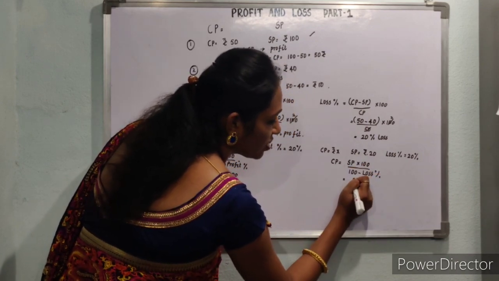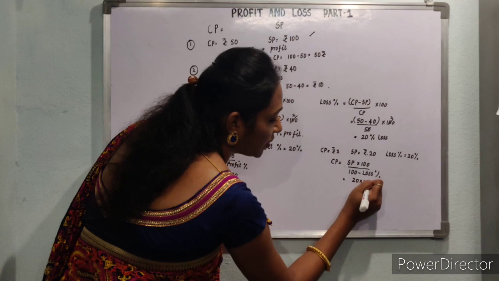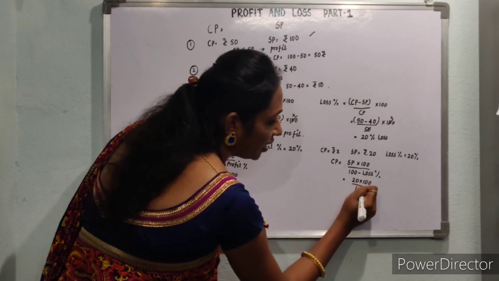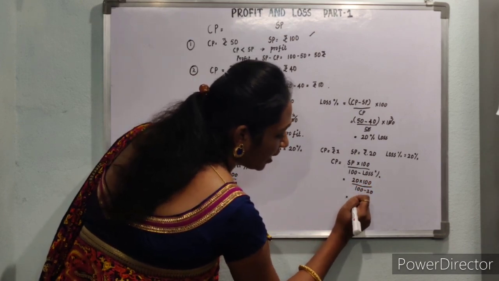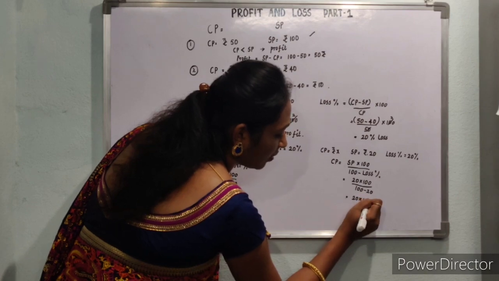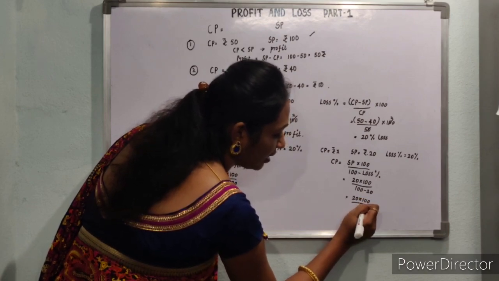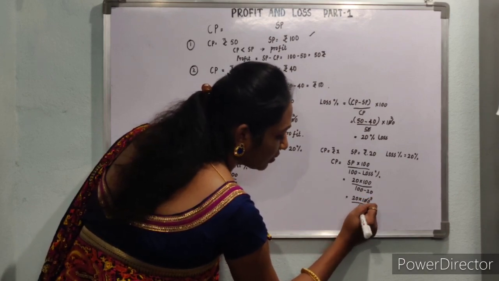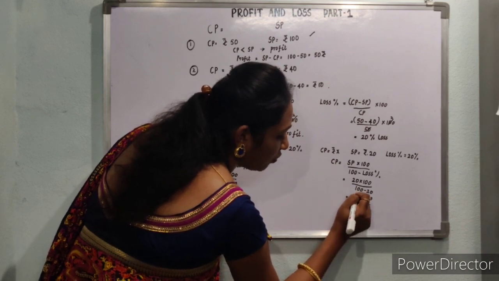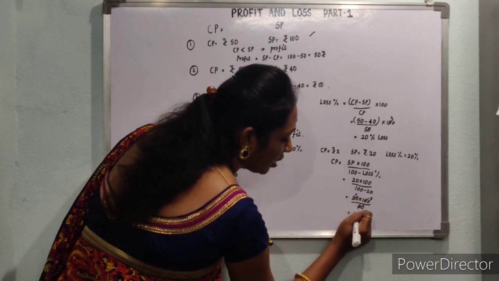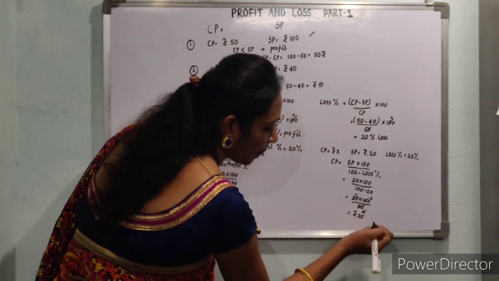So we have selling price 20 into 100 divided by 100 minus 20. So we'll get 20 into 100 divided by 80. So this will go 5 times, this will go 4 times, so this will go 5 times. So the answer is 25 rupees.